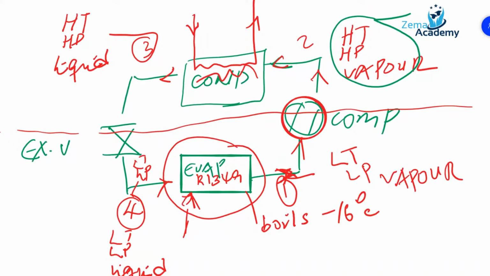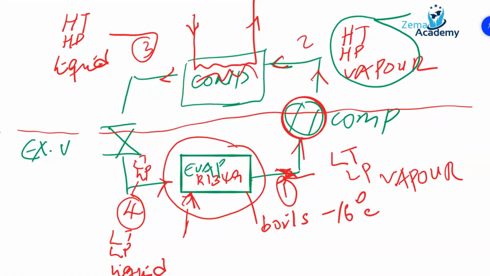You're rejecting the heat into either air or water, therefore removing the heat from the condenser. So at point 3, we have high temperature and high pressure liquid. And remember, at point 4, we had low temperature and low pressure.